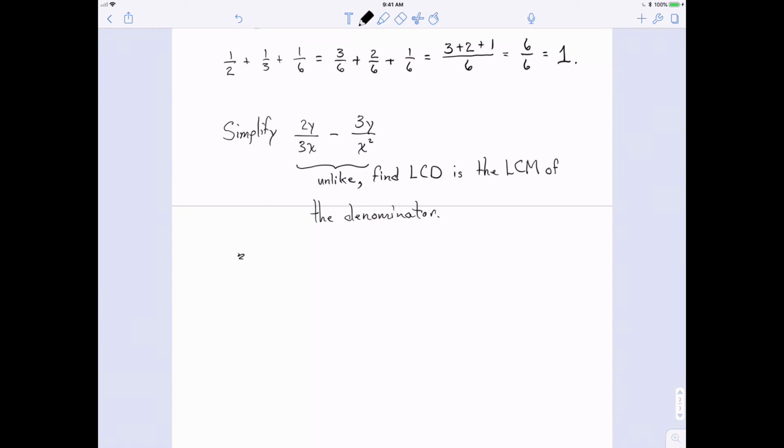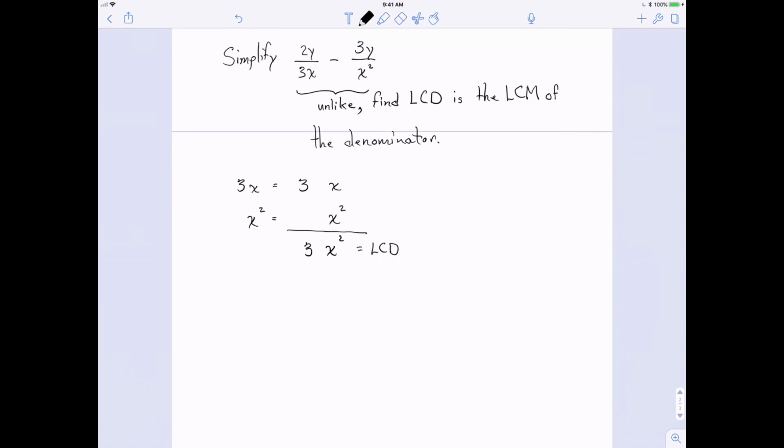I have 3x, and it just factors into a 3 and an x. I have an x squared, which we'll put in the x's column. It looks like my lowest common multiple is going to be 3. Notice I have an x in both of these. I take the one with the highest count, so I need the x squared. And so 3 times x squared is my lowest common denominator.